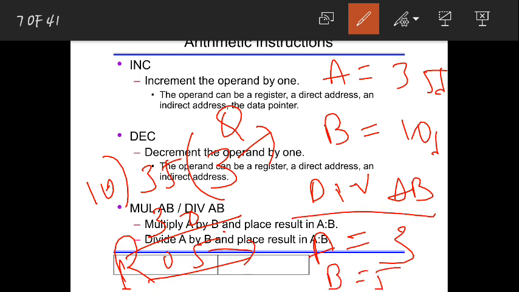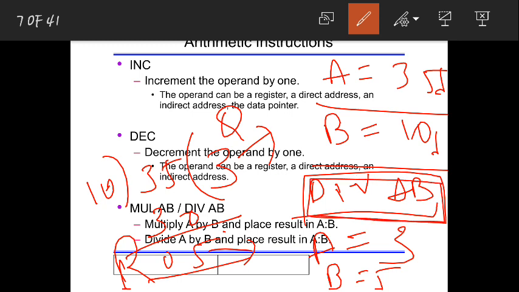So first A is equal to 35, B is equal to 10. Then when you divide both A and B, A is equal to the quotient value and B is equal to the remainder value. So in this way the division instruction works.